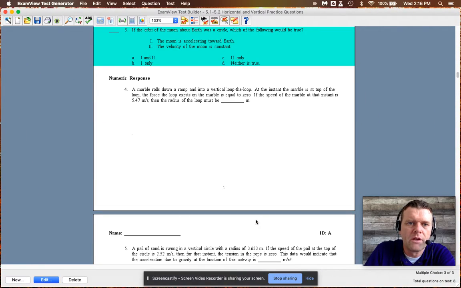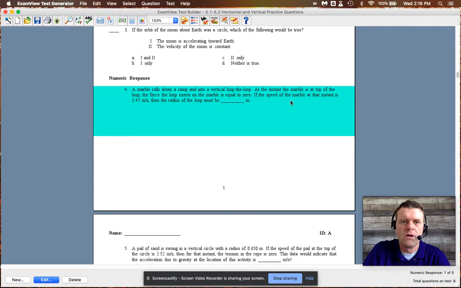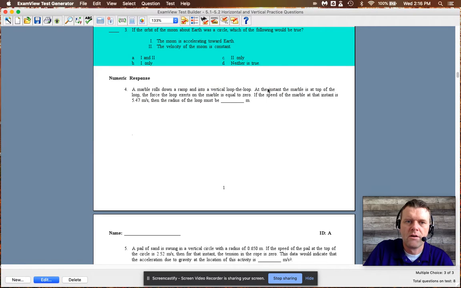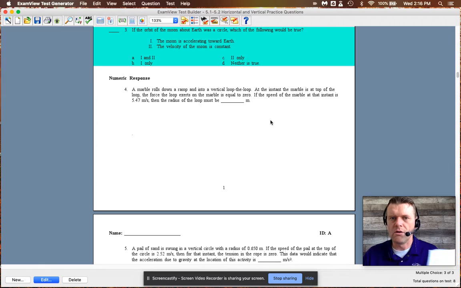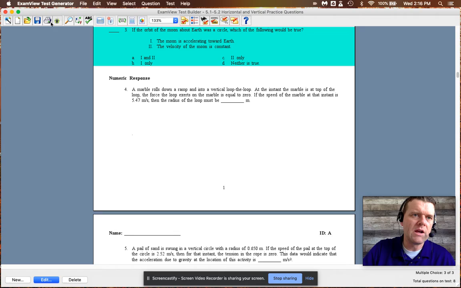Here we have the marble going down the ramp, and at the instant it is at the top of the loop, the force the loop exerts on the marble is equal to 0. All we know is that the marble is going 5.4 meters per second, and it wants us to determine the radius.